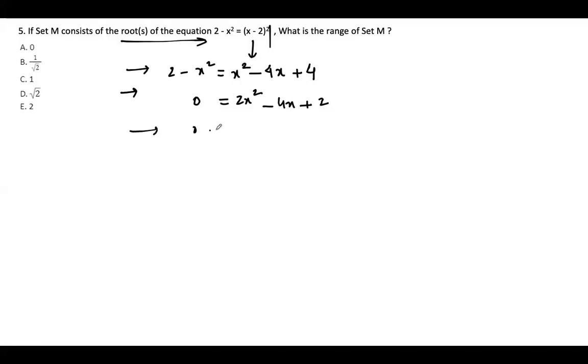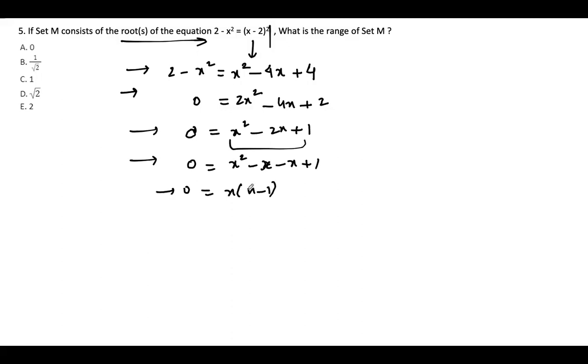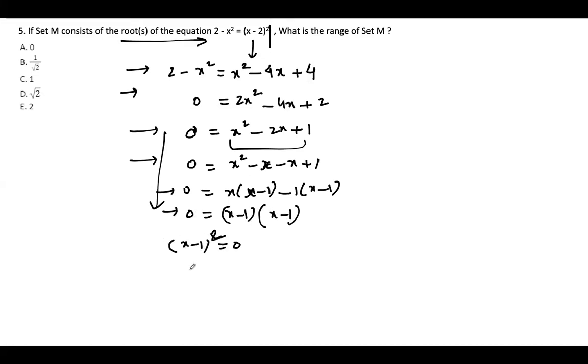Dividing the equation by 2 gives you x square minus 2x plus 1. And what is this? Even if you do not know, you can write it as x square minus x minus x plus 1, taking x minus 1 common, which is x minus 1 whole square is 0.